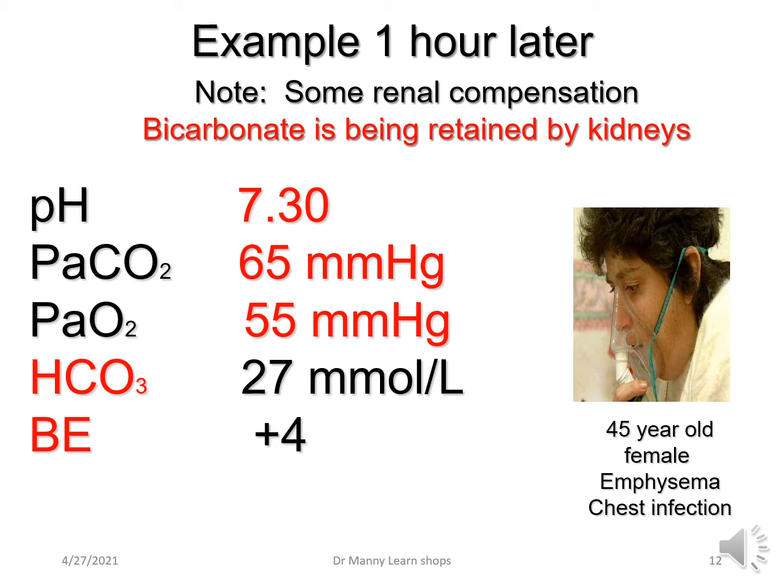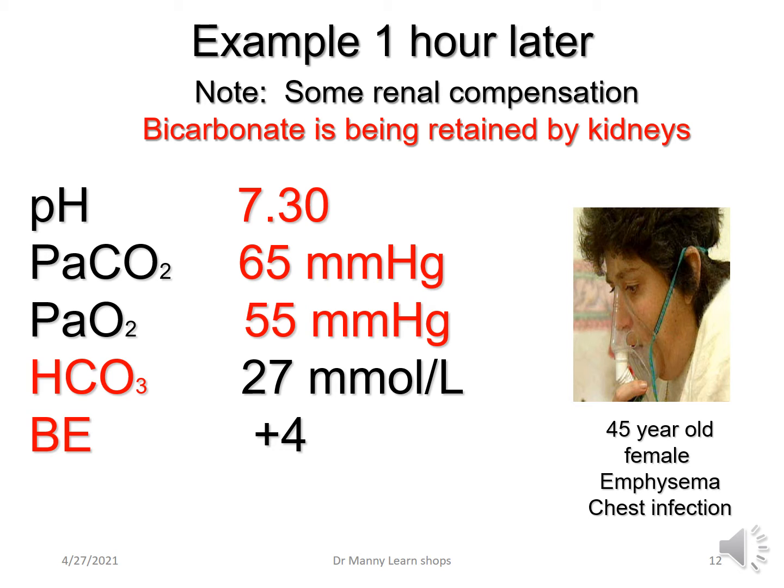We can see it's gone from 24 or whatever it was to 27 millimoles per litre. And the base excess is now more than 0 plus 3. The pH hasn't changed though, so there's no compensation at the moment. The PCO2 and the oxygen remain the same as well.